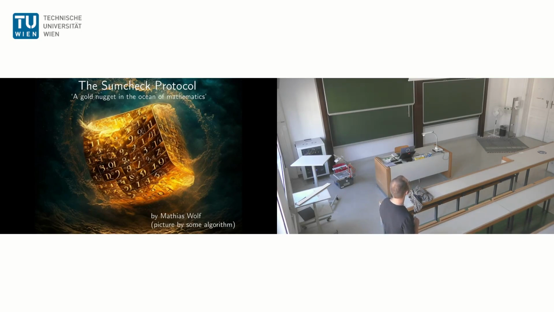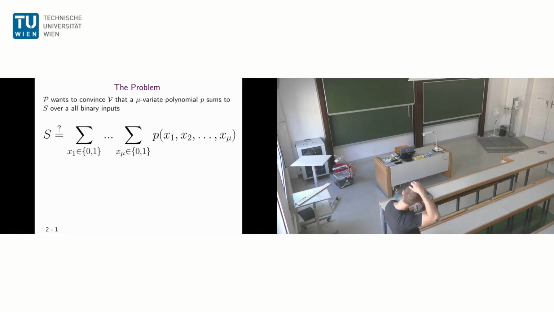Okay, so what is the problem we're facing and trying to solve? Let's imagine a scenario where a prover wants to convince a verifier that some mu-variate polynomial, which is simply a polynomial that has mu variables as input, nothing scary, sums to S when summed over all inputs over some Boolean hypercube, as we call it technically.